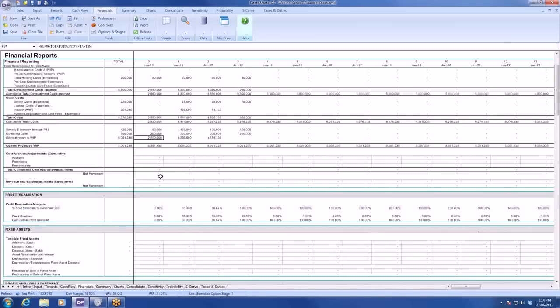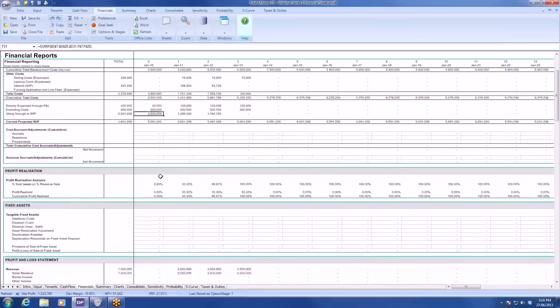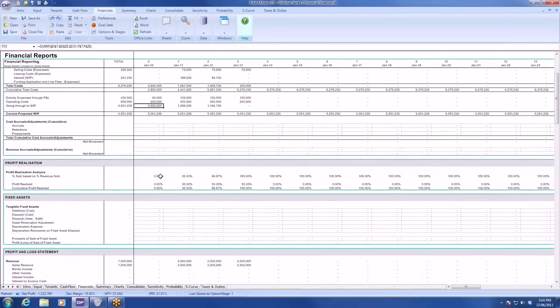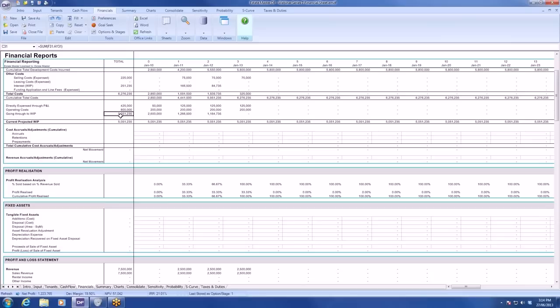So we come down here, and on a completion basis, for the work in progress we're going through the WIP, we've got 5 million. So essentially what this does is we can see what percentage of the profit is realised.